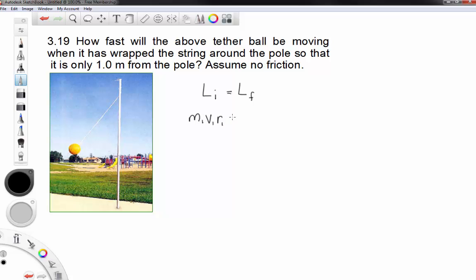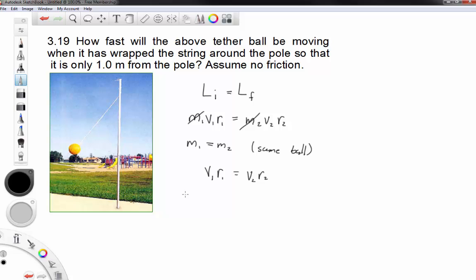That means m1 v1 r1 is equal to m2 v2 r2. And the ball does not change in mass. Since it's the same ball, m1 is equal to m2, and these two masses cancel out, and you just have v1 r1 is equal to v2 r2.